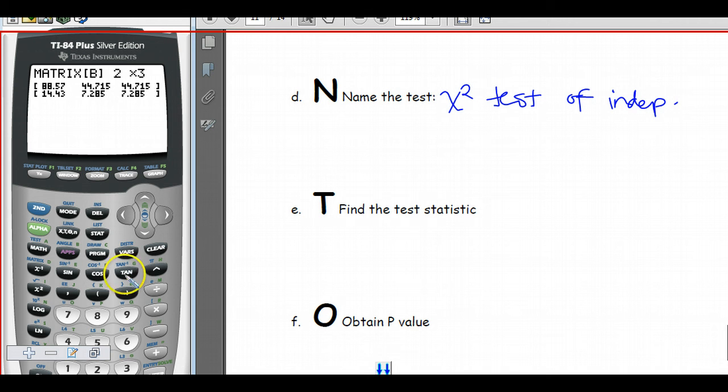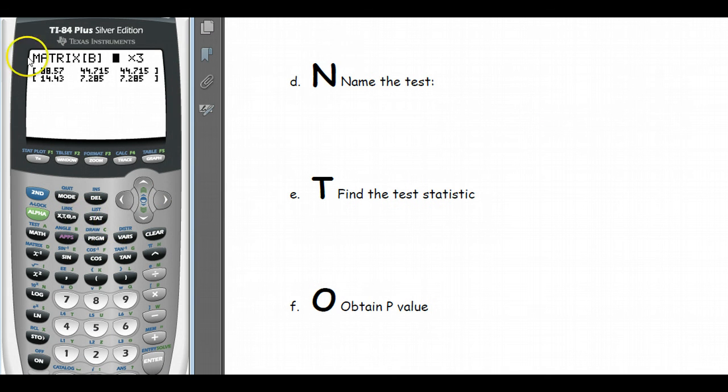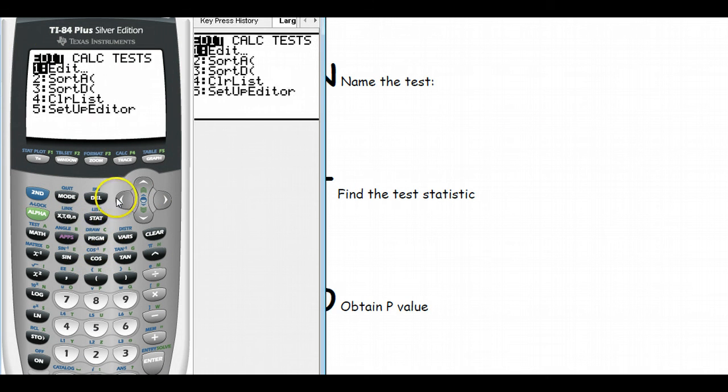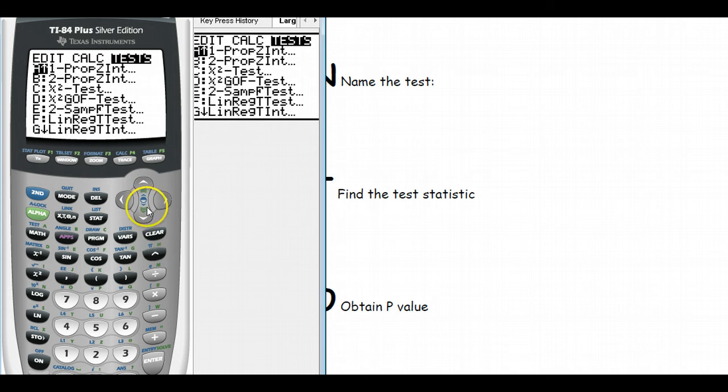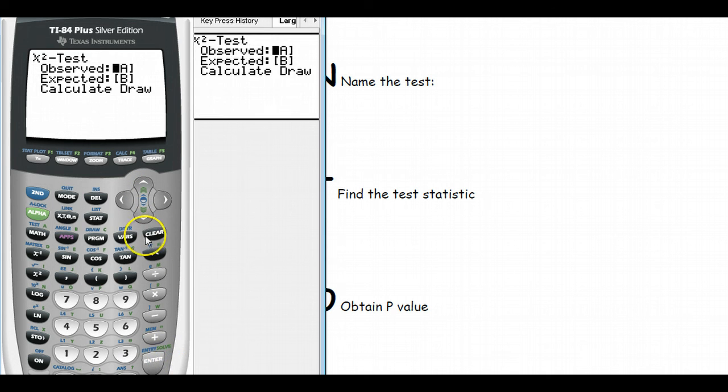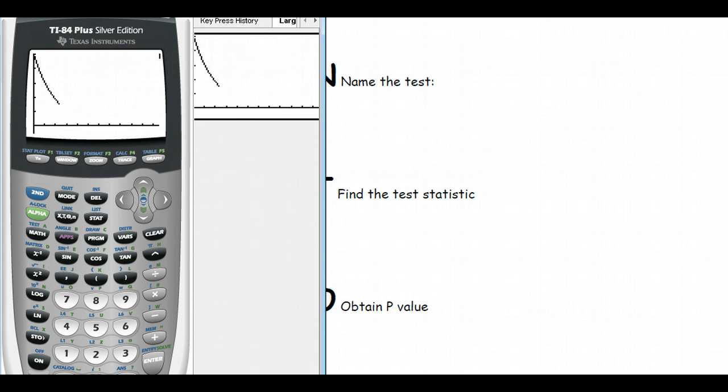Test statistic and p-value. Now I want to go back to my calculator again. I wanted to go back to stat test and then do my chi-squared test. It's still in there, but I need to see the 2 values again because I did not write those down.